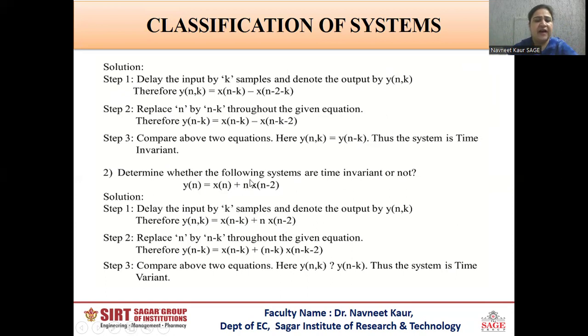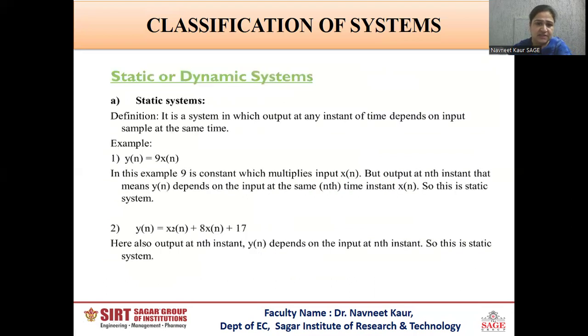Now, if I get output for an input x(n), and now I shift this y(n) by k units, instead of n, I'll get n minus k. So I'll get x(n minus k) plus (n minus k) x(n minus k minus 2). Now I can see that these two output equations are not equal. So the system is not time invariant, but it is a time variant system.